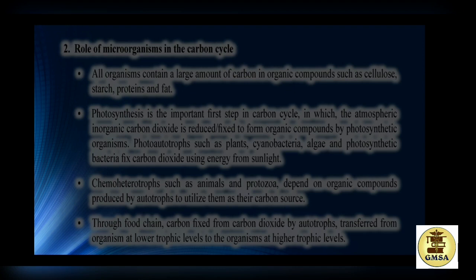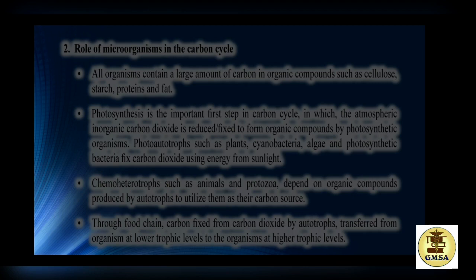Chemoheterotrophs such as animals and protozoa depend on organic compounds produced by autotrophs as their carbon source. That's what I just explained. Now, through food chains, carbon fixed from carbon dioxide by autotrophs is transferred from organisms at lower trophic levels to organisms at higher trophic levels. Once the primary consumer consumes the primary producer, in a food chain there can be several trophic levels.